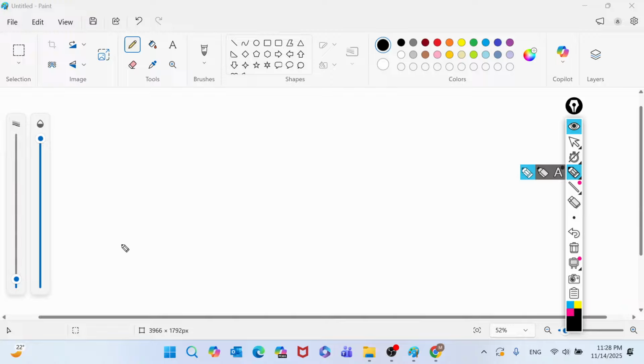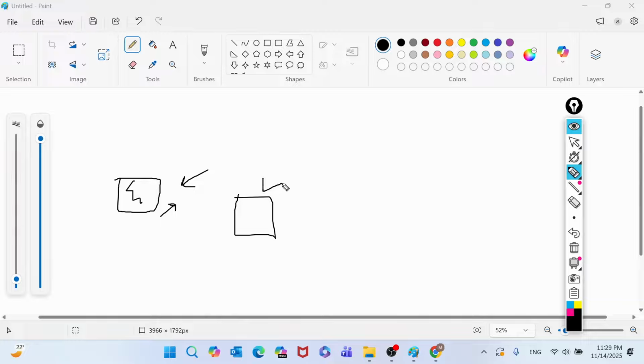Vacuum, air, liquid, gas, solid. Now, the one thing you should know is that black objects take in the heat and they store it and they emit it. That's why black objects are hotter when you touch them. And white objects just reflect all the heat. Heat comes in, it gets reflected.